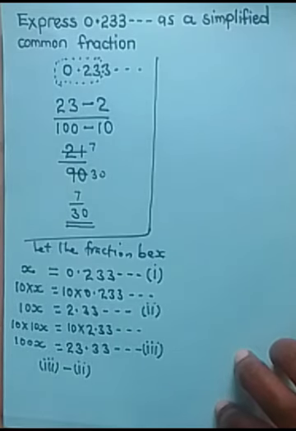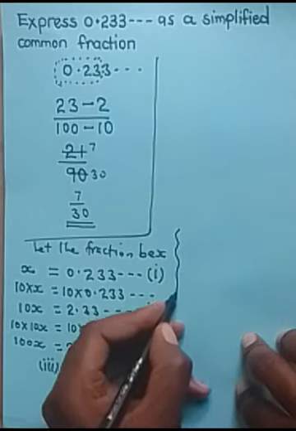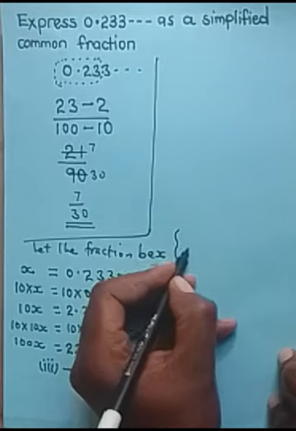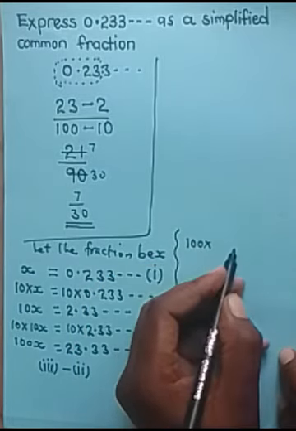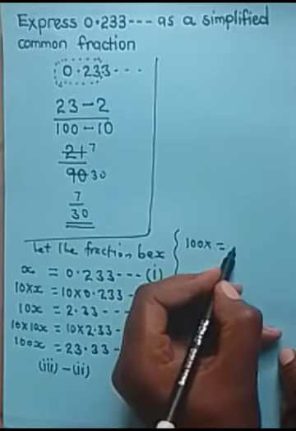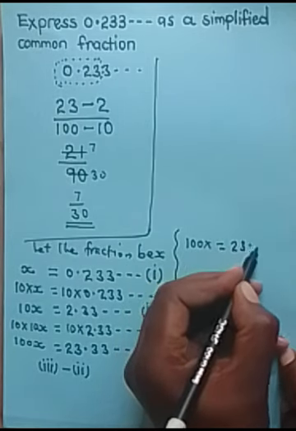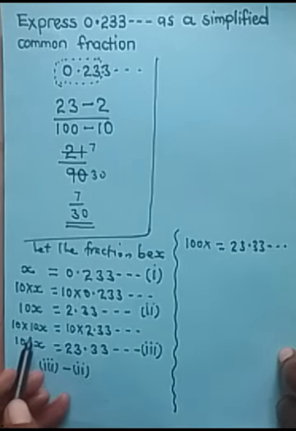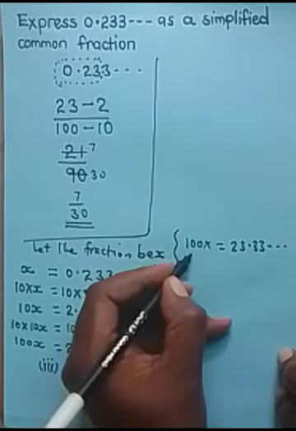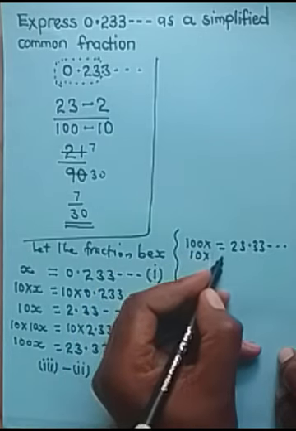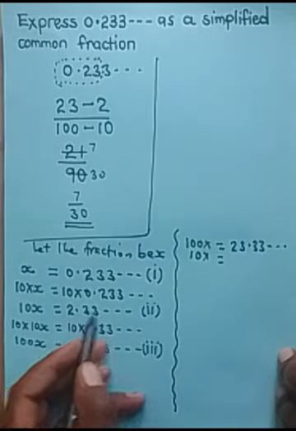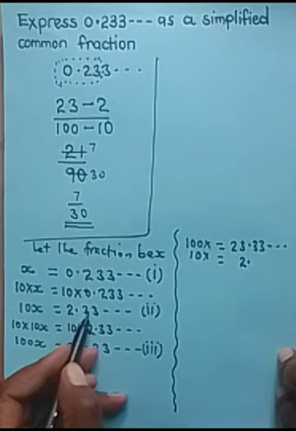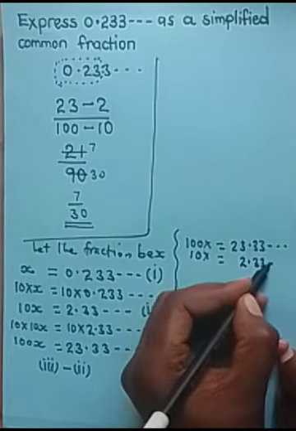Now, if you write this, you can bring the equation 3 and put it there. This is our equation 3. It is 100x is equal to 23.33 recurring. We are removing equation 2, which is 10x is equal to 2.33 recurring.